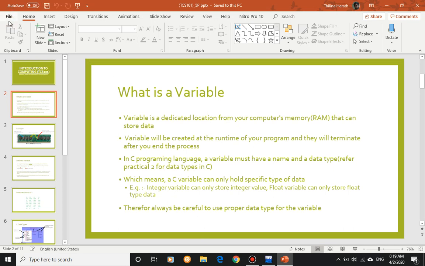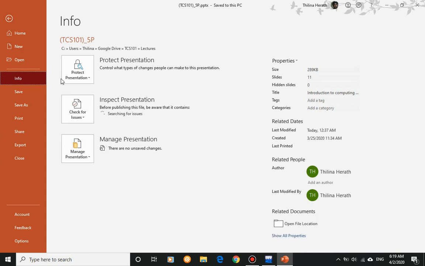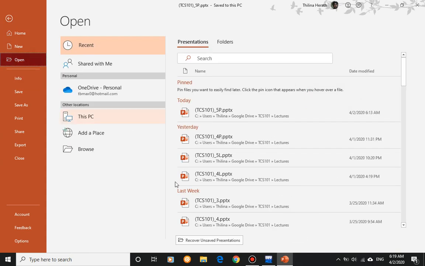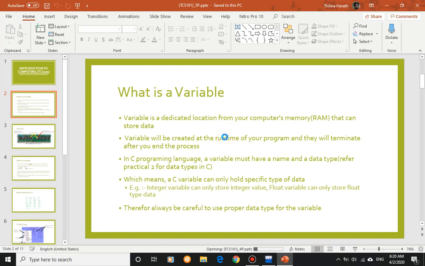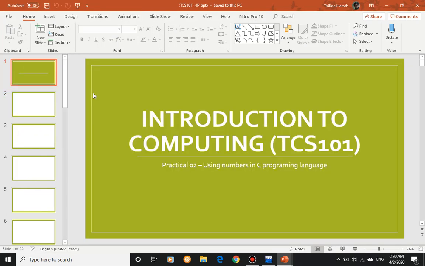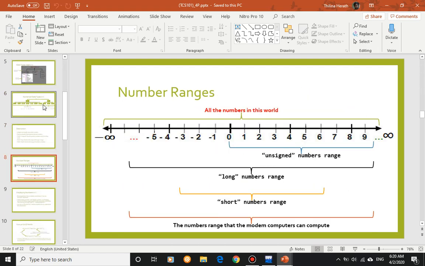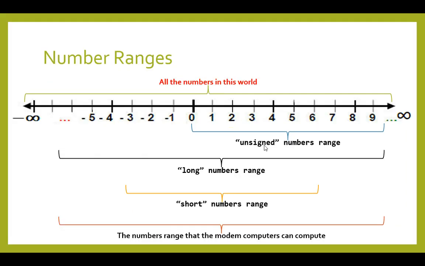Now, in previous practical, let's go to that particular practical slide. So, yes, practical 4. We saw that basically the numbers, right?